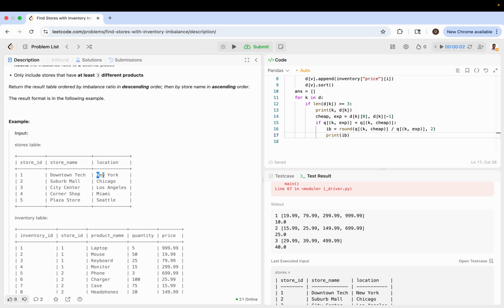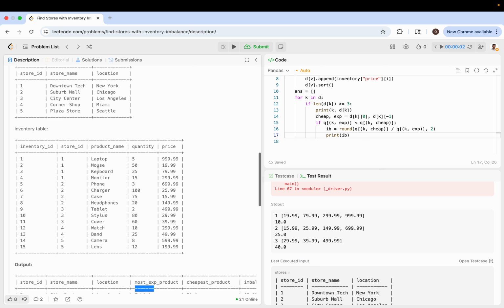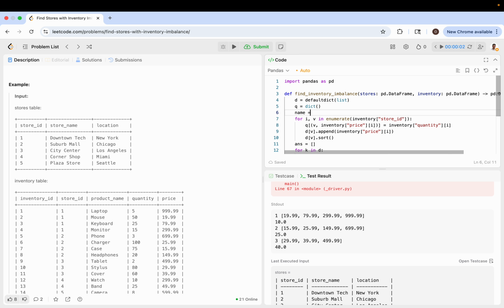So the name and location are here, and then the most expensive and cheapest products are here. So let's just call this name, and let's just say name of v is equal to, let's get the store name.